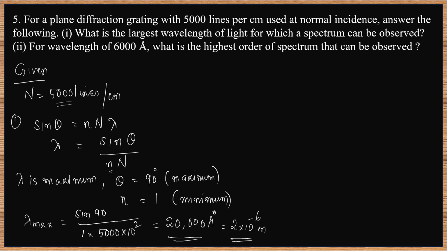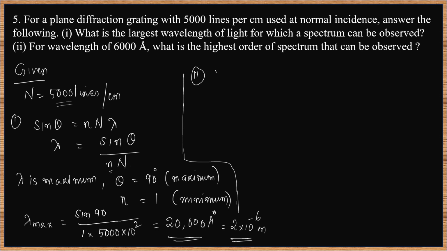Next question. Such a kind of question we have already done in the second part. For wavelength of 6000 angstrom, what is the highest order spectrum that can be observed?